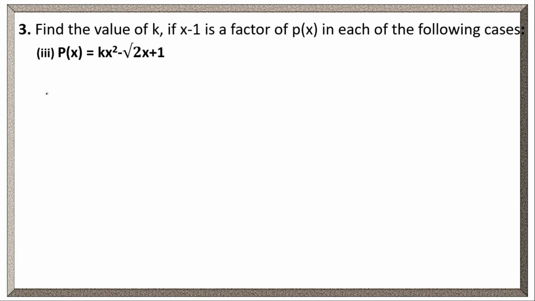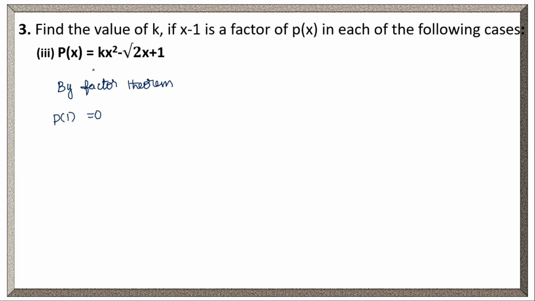The third case, we have p of x equal to kx square minus 2 root 2x plus 1. So x minus 1 is a factor of p of x. That means by factor theorem, p of 1 equal to 0.